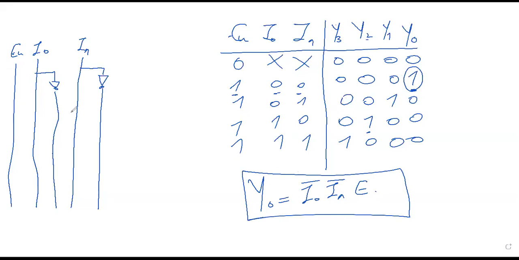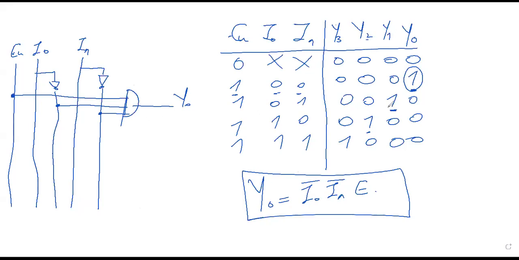This is Y0. So then I can draw Y0 on my circuit: an AND gate with these three inputs, giving output Y0.